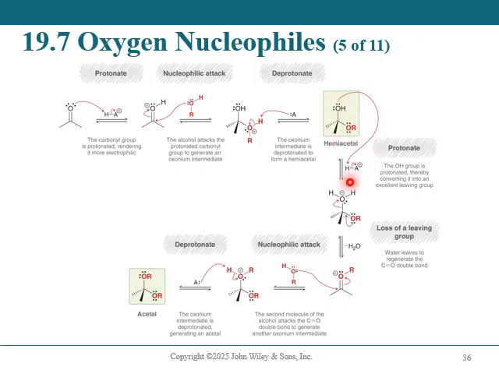Now you get another protonation, and protonation happens because this right here is not really a good leaving group, but this right here definitely is. Once that happens, you get another nucleophilic attack followed by a subsequent deprotonation, and you get your acetal. So if you break this, this is your first half, this is the second half, so it's basically the same cycle over and over until you get the entire acetal molecule.